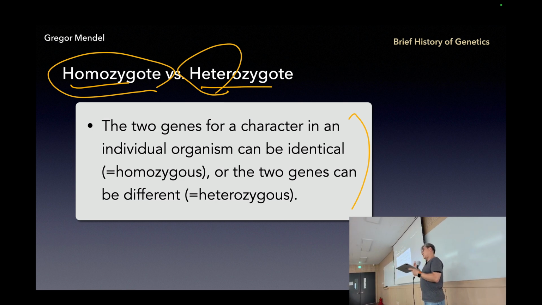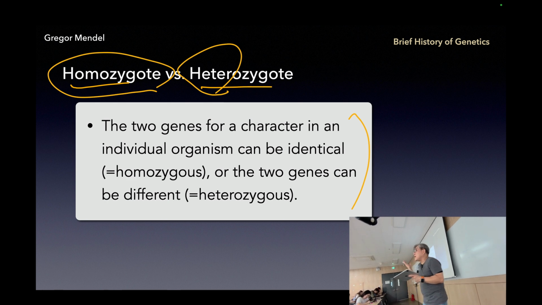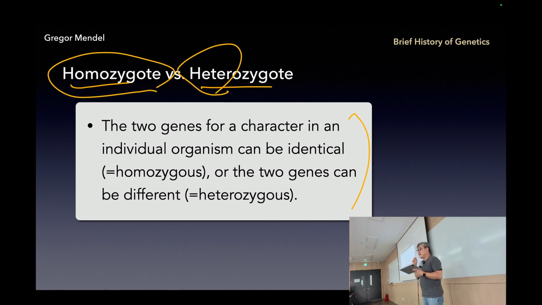But there is potential trouble. What if these two genes are different in terms of the trait that the gene is making, like eye color? You have two genes responsible for your eye color, and one is responsible for black eyes, the other for brown eyes.